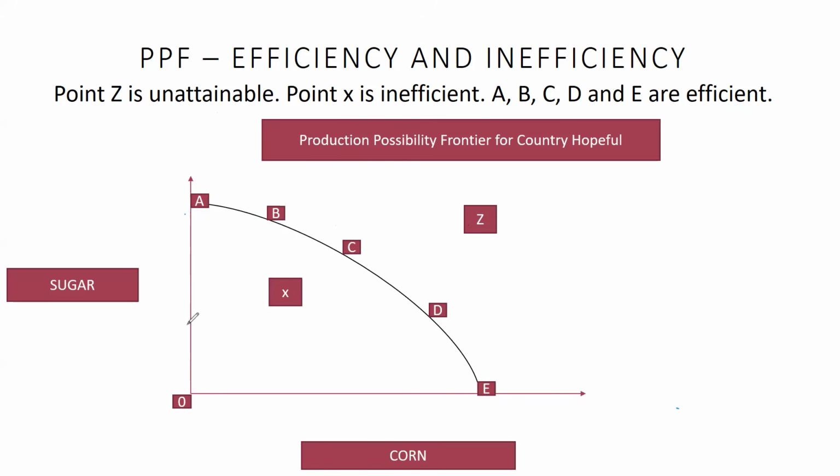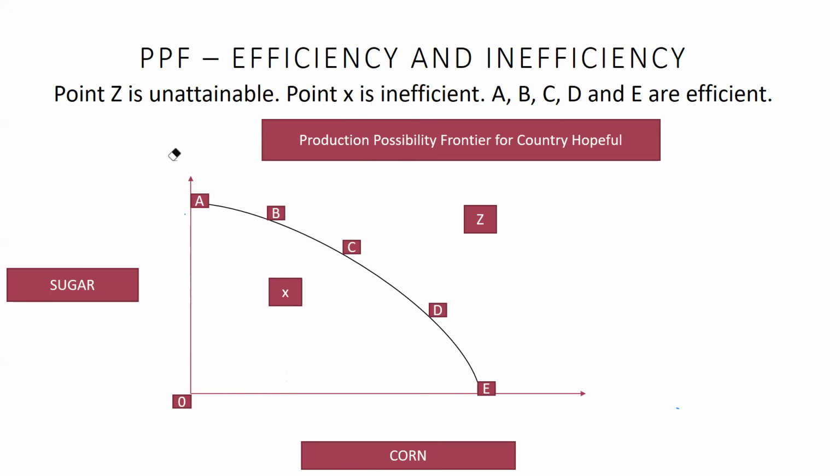Now this point X here, let's say I just take 2 bobby and 2 snacks. I would not have spent all of my money, so I would not have used all of my resources. It's the same thing here with this X. For me to just get this amount of sugar and corn, I'm not using all of my resources, so I'm not being as efficient as I possibly can.